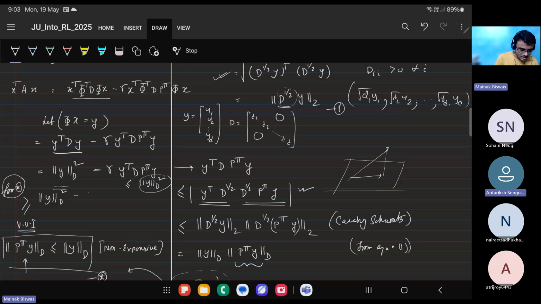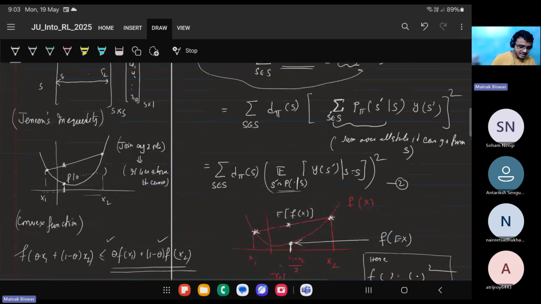Right? So I'll get gamma d squared. This will be equal to 1 minus gamma d squared, which is greater than 0. Do you agree? Clearly, because gamma is between 0 and 1. That is the discount factor.